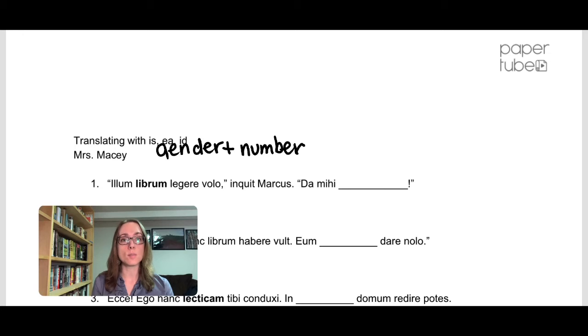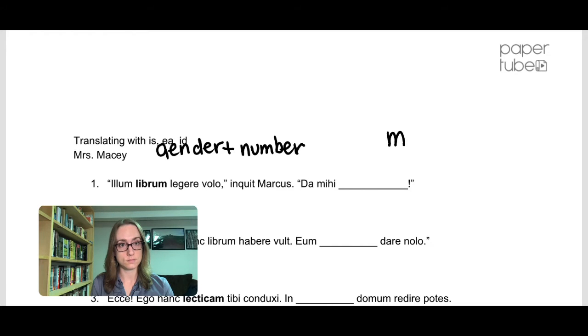The word in the blank has to agree in gender and number with librum, which is masculine and singular.